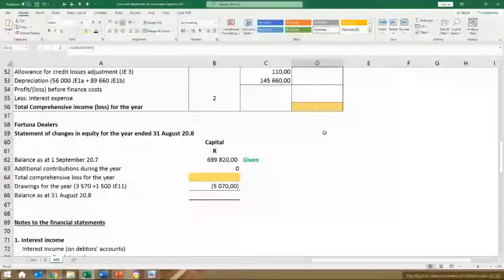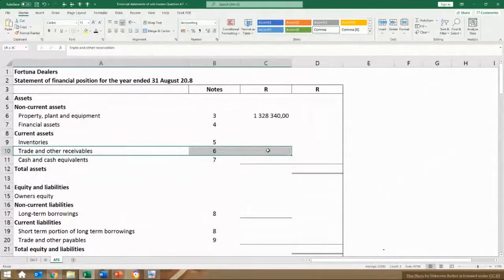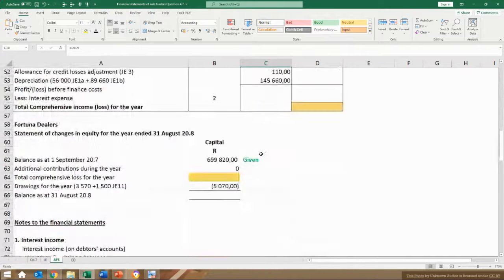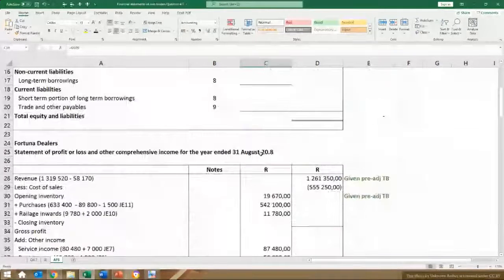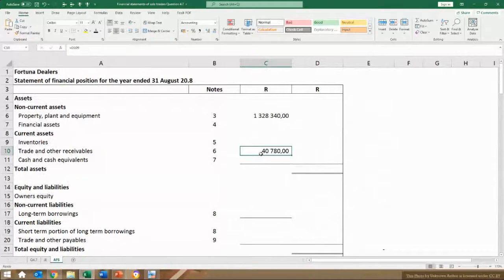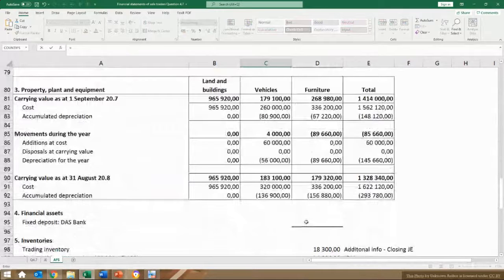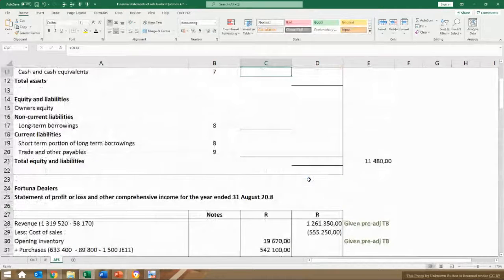So that amount, on your statement of financial position, that line item here, should be exactly the same as up here. Let's quickly see. Okay, no, it doesn't agree. So our trading inventory is that.